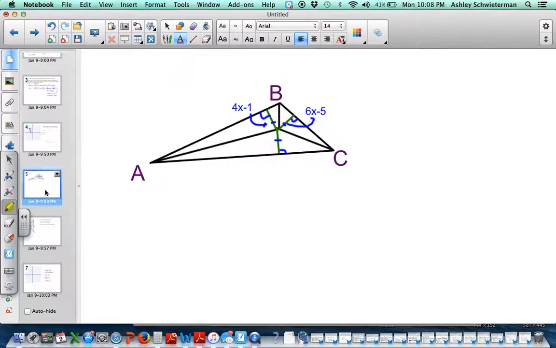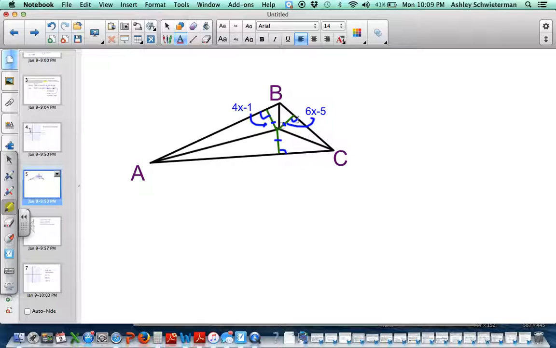Alright, my next question gives me this figure and asks me to find the value of x. Well, what's happened is I have an incenter. And I know it's an incenter because I have an angle bisector here, I have an angle bisector here, and I have an angle bisector here. They met, and at the point of concurrency, they are equidistant from the sides.